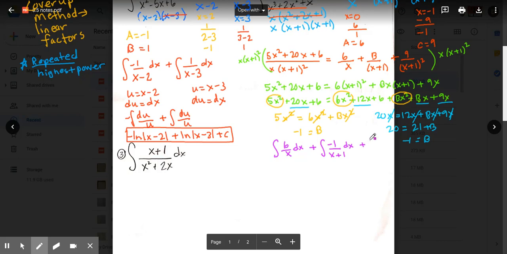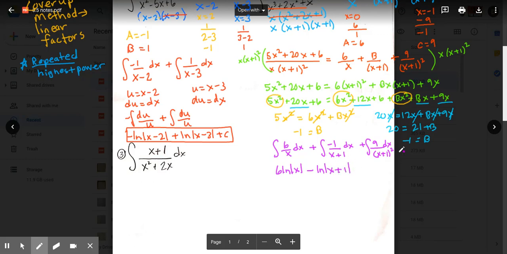And your c is 9 over x plus 1 squared. Okay, we should be experts at both of these turn into du over u. So this is 6 ln absolute value of x minus, pull that negative out, ln absolute value of x plus 1.